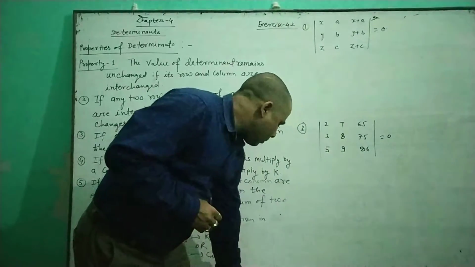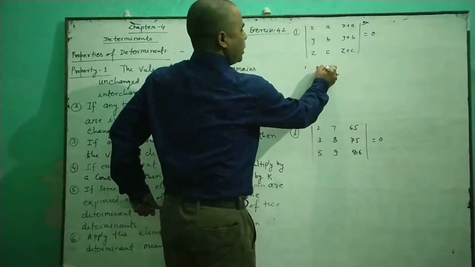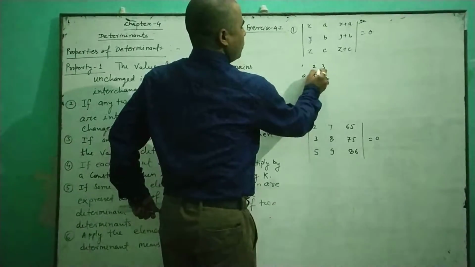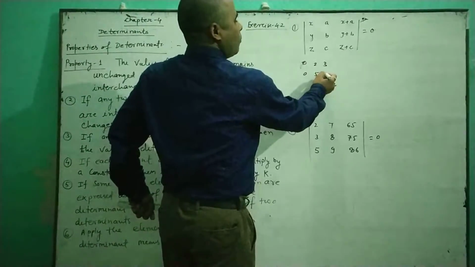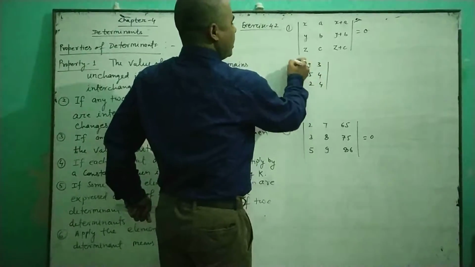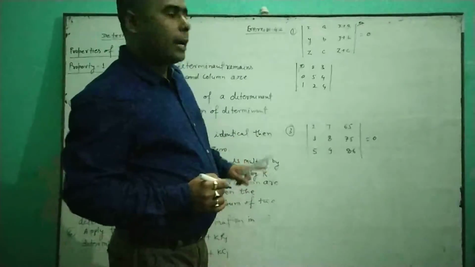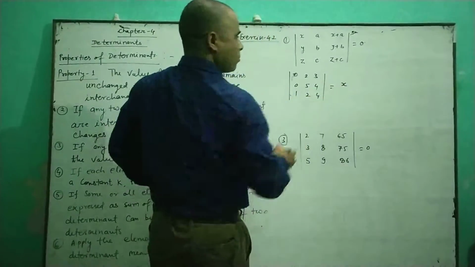Suppose that I have a determinant here: 1, 2, 3; 0, 5, 0; 3, 5, 4; and 1, 2, 4. This is the determinant. Suppose that its value is x.